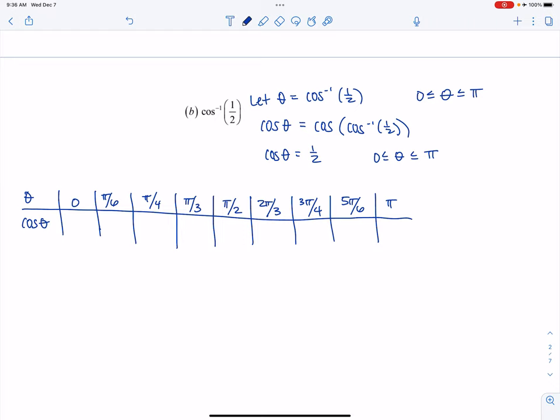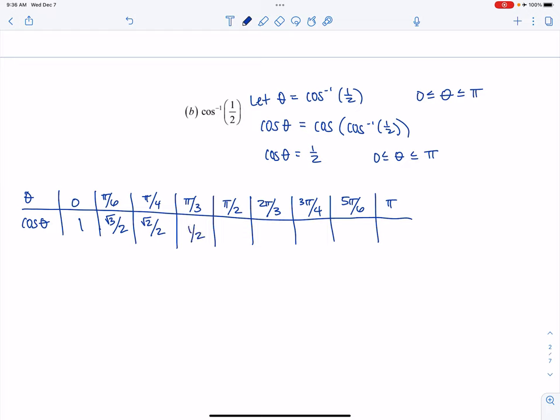So, when theta is 0, cosine is 1. When theta is pi over 6, cosine is root 3 over 2. When theta is pi over 4, cosine is root 2 over 2. At pi over 3, cosine is 1/2.